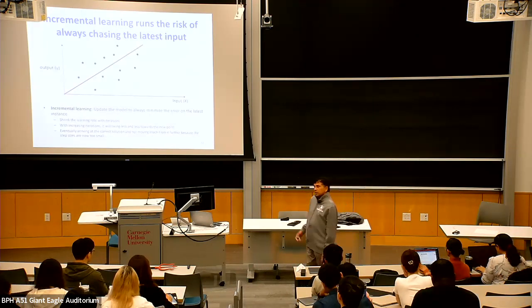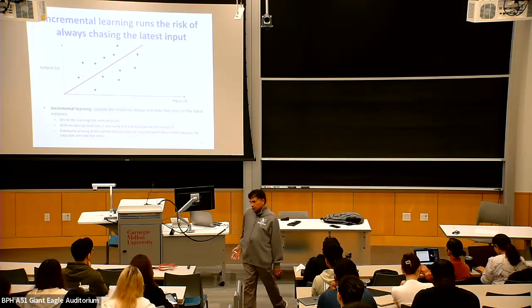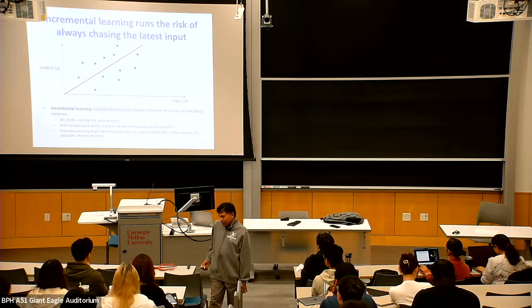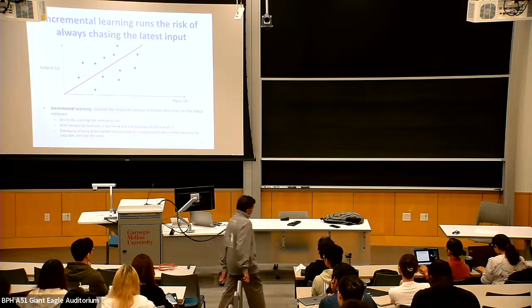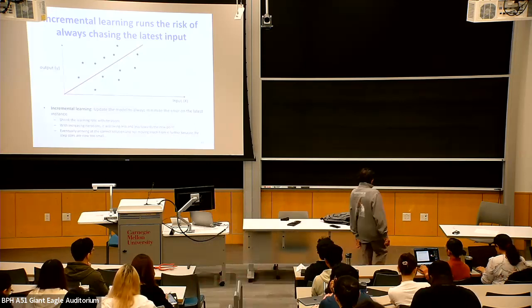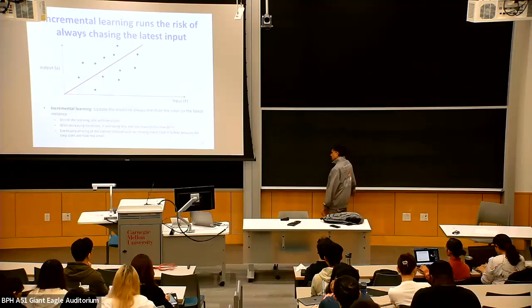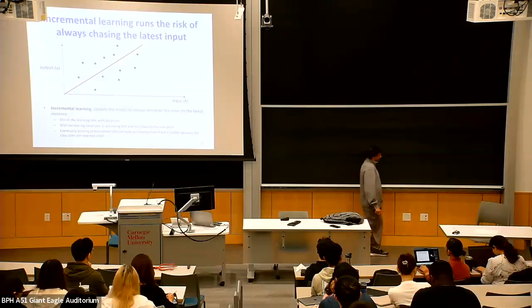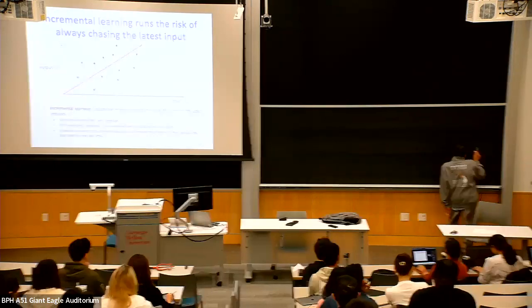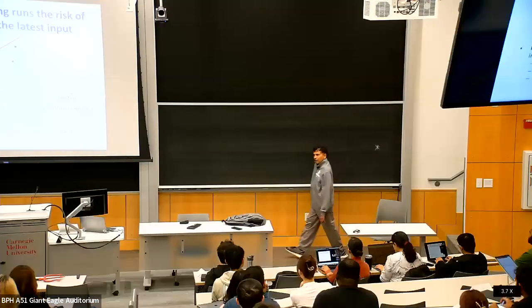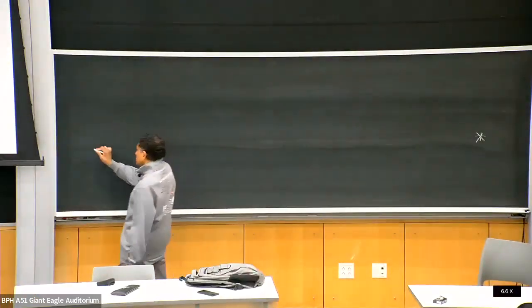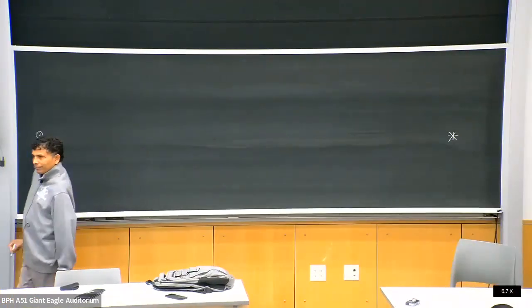You have to be able to deal with the worst case scenario, right? Now, let's say I have my optimum out here. That's my optimum. And this is my initial estimate.